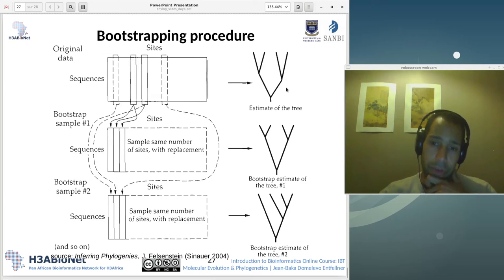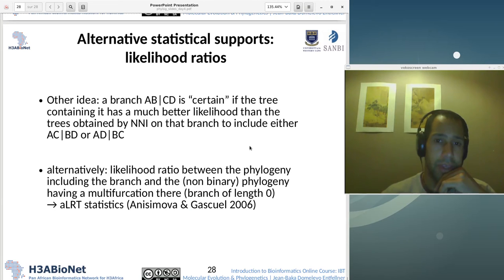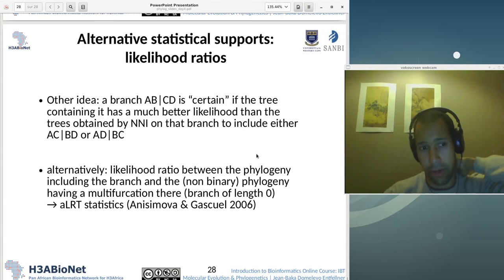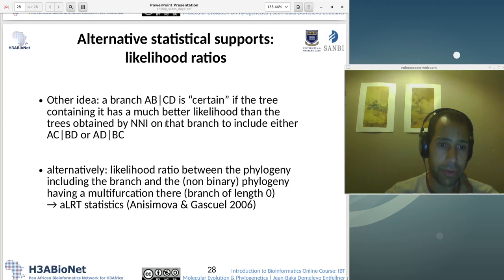That's the bootstrapping procedure. So we associate a confidence value to each of the internal branches of the tree based on the number of bootstrap replicates that exhibit that specific branch. There are alternative statistical support schemes that have been developed, and I give 2 examples of such measures.